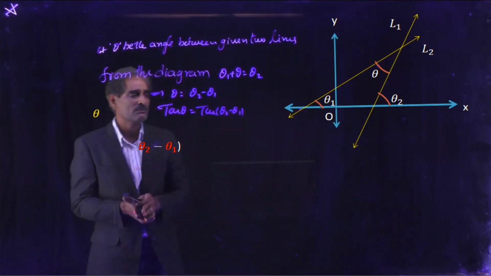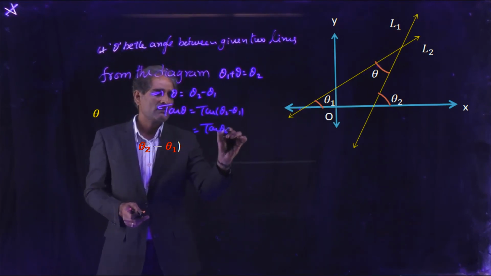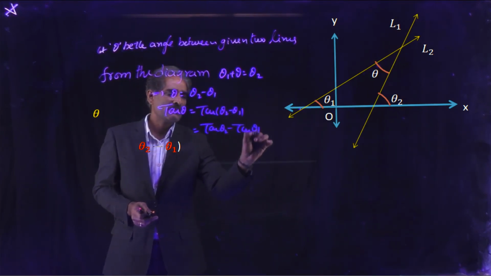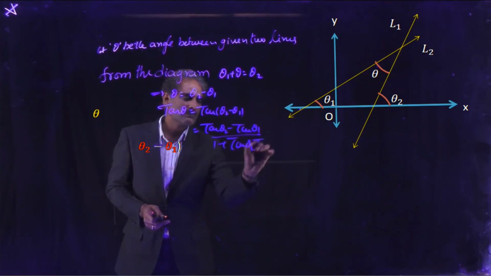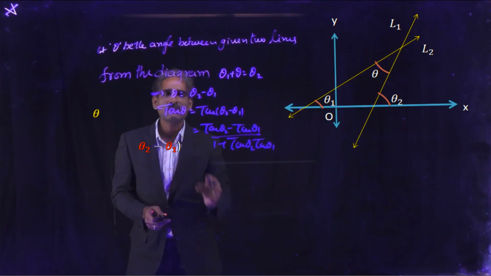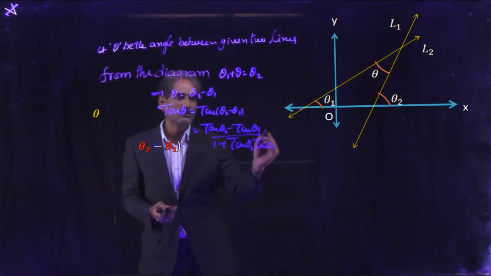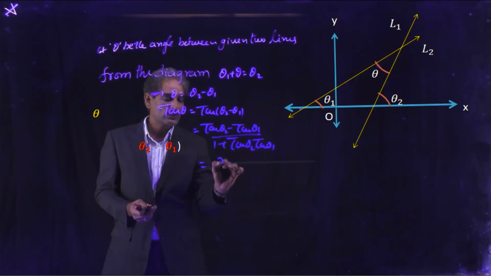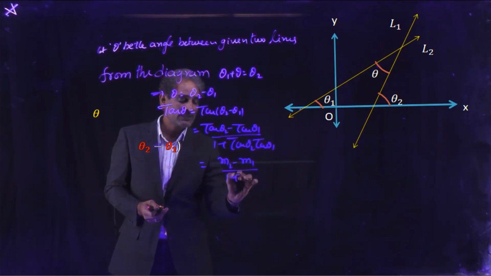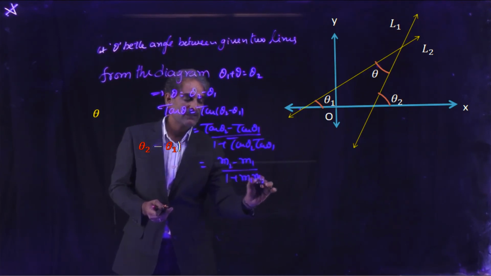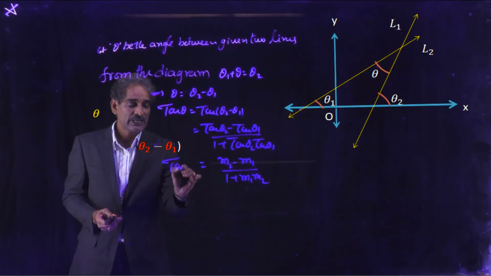Now apply the formula for tan A minus B: tan A minus tan B by 1 plus tan A tan B. So already we discussed tan theta 1 equals M1 and tan theta 2 equals M2. Therefore, this is equal to M2 minus M1 by 1 plus M1 M2. Okay, this is equal to tan theta.